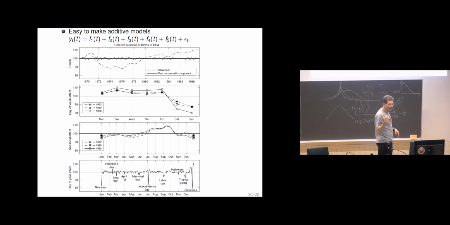Here's an example of additive model. This is something like what also Prophet and what Mikko talked about, kind of different components, and it's also from the BDA cover.